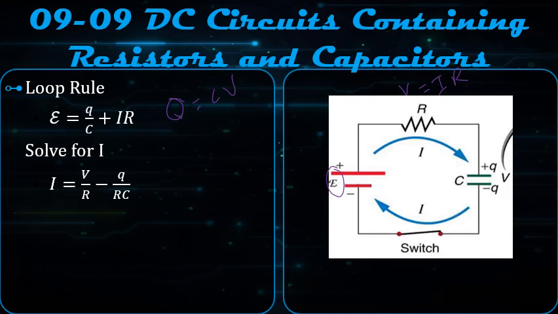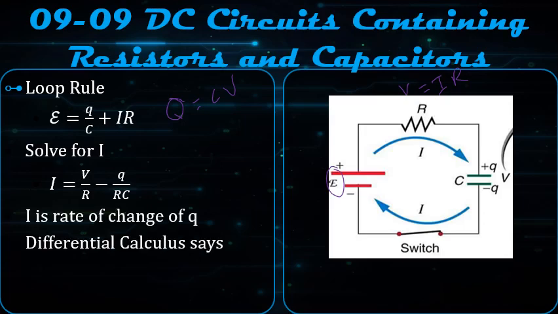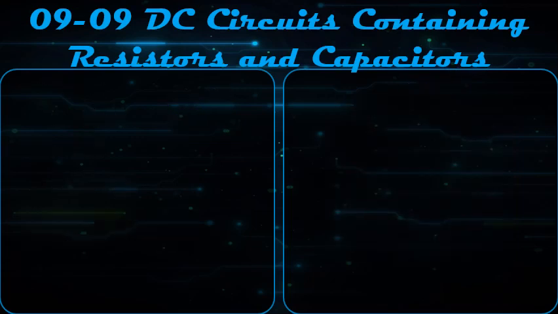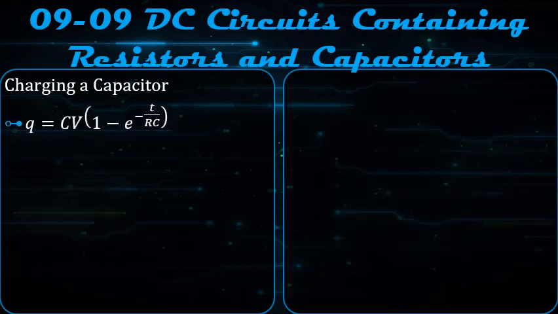However, the current is the rate of change of charge. So this is actually called a differential equation, which means calculus has to solve it. So we'll just give you the answer.